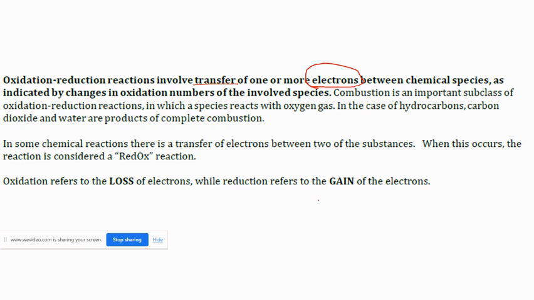So these are called oxidation reduction reactions. We call them redox. Oxidation is going to be the loss of electrons. Reduction is the gain of electrons. I know. How can a loss be an oxidation, or how can a gain be a reduction? I know. I get it.